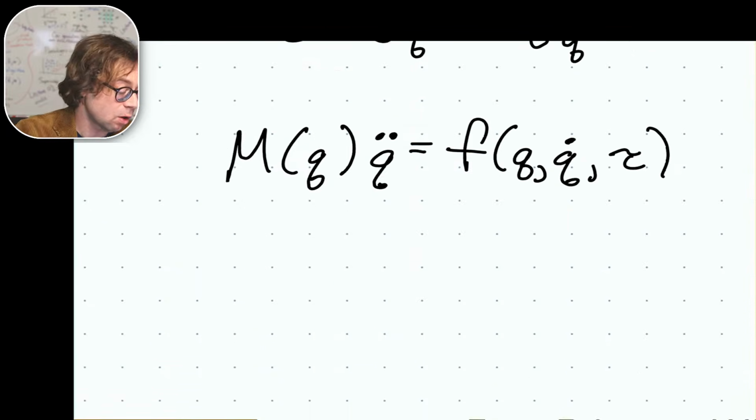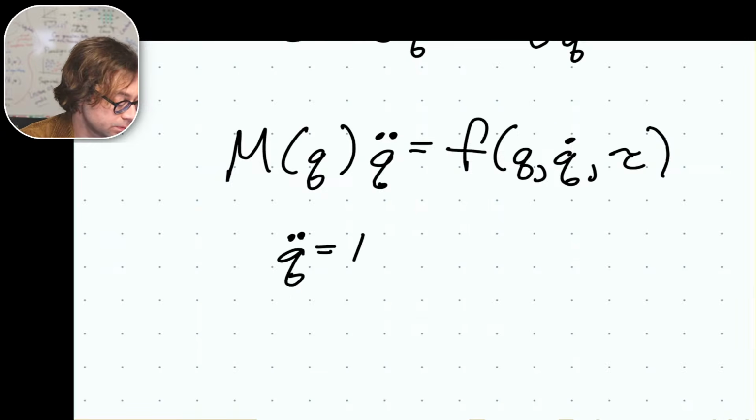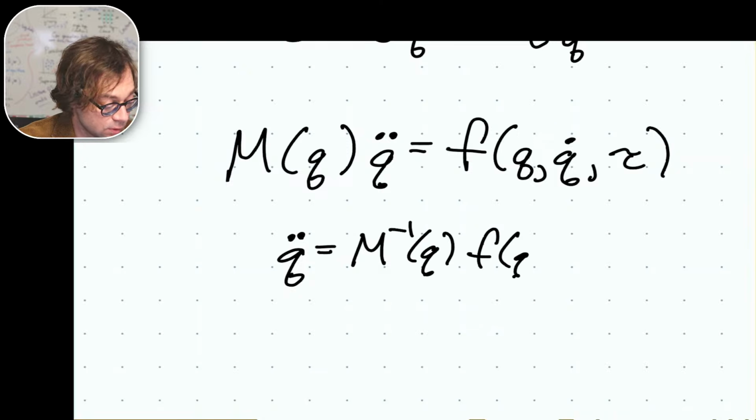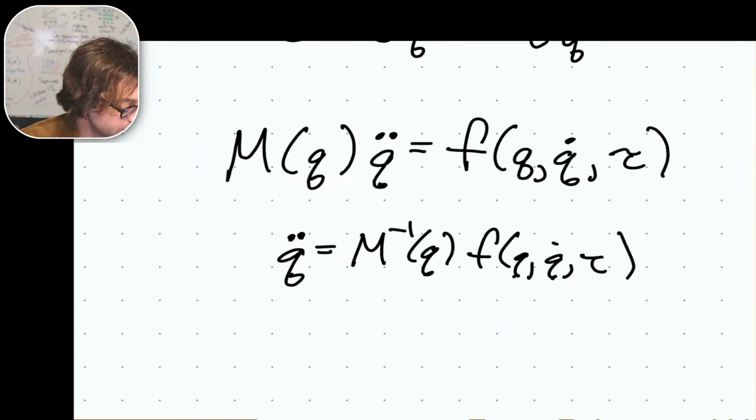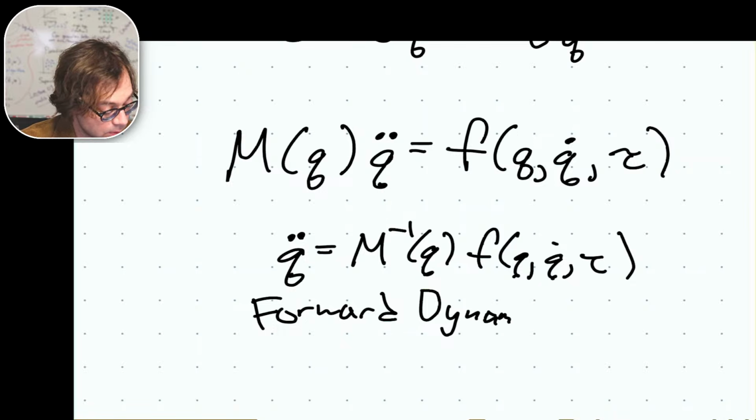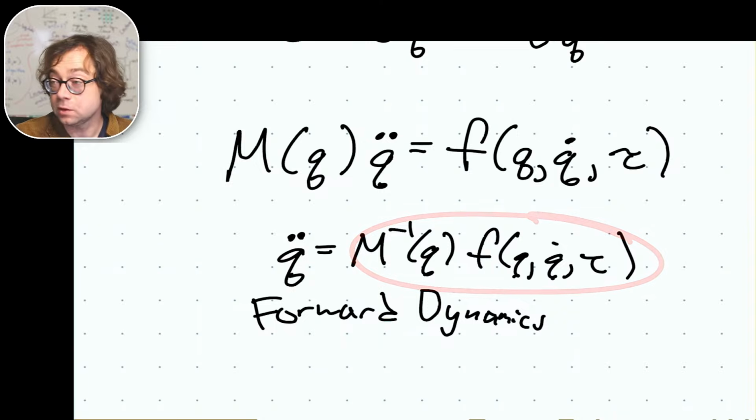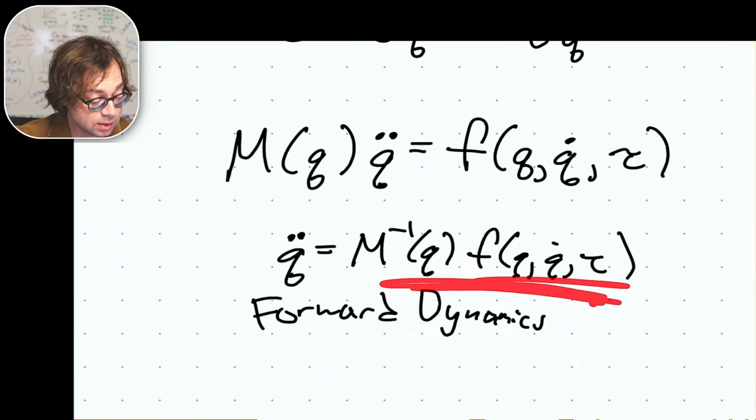And then you would solve by saying Q double dot is equal to M inverse of Q times F of Q dot and tau. This is what we covered last time, right? That gives you your forward dynamics. It's forward dynamics because you put in all of your forces and your current position and velocity, and out comes your acceleration.